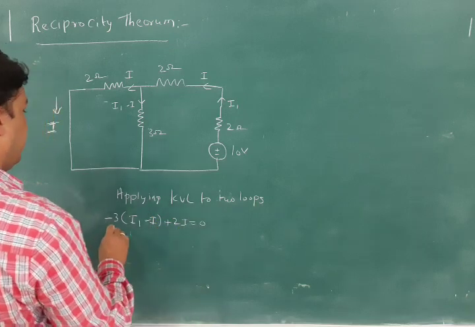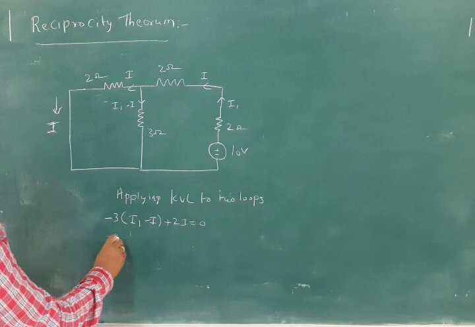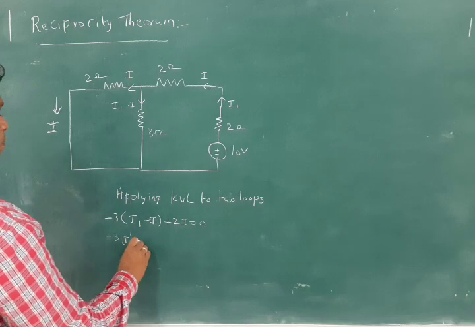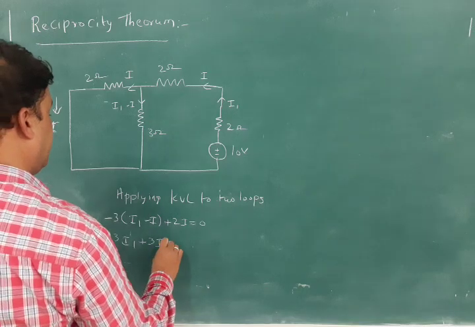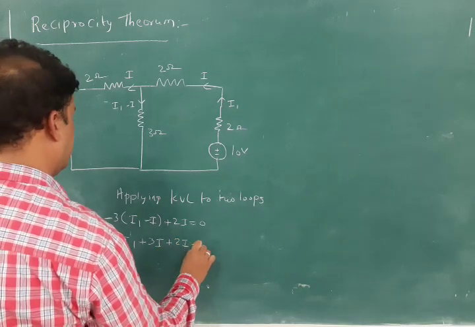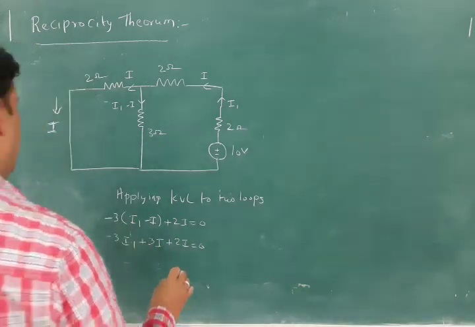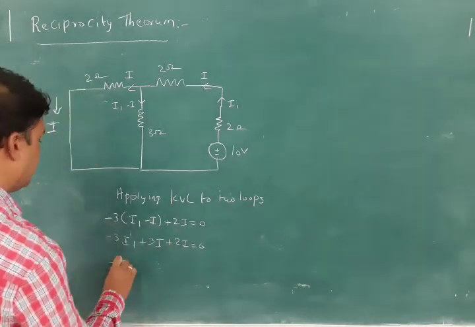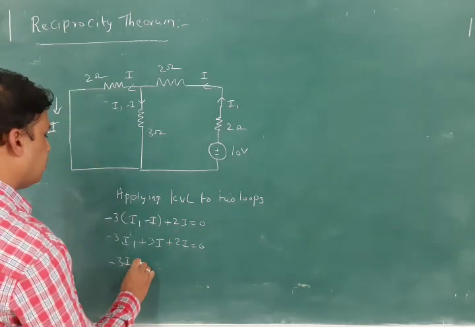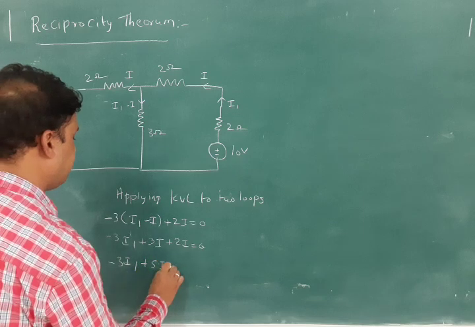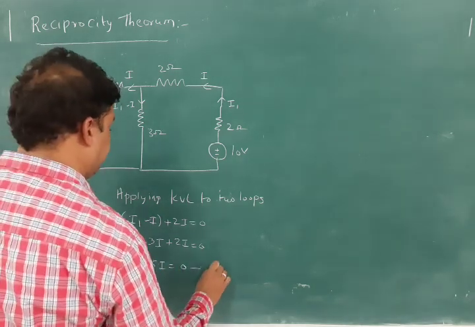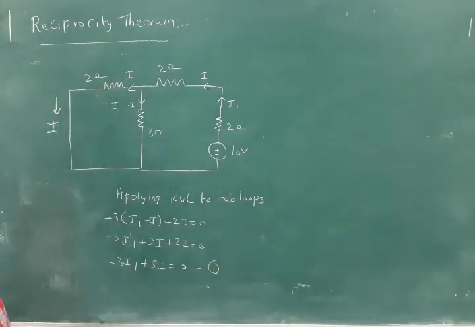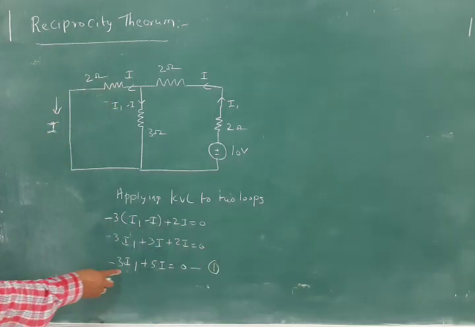That means minus 3I1 plus 3I plus 2I is equal to 0. So minus 3I1 plus 5I is equal to 0. We have got one equation, minus 3I1 plus 5I is equal to 0.